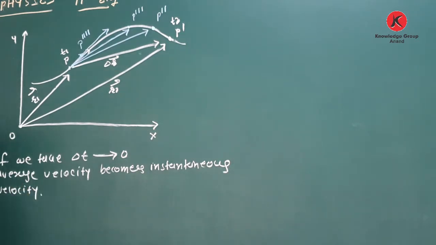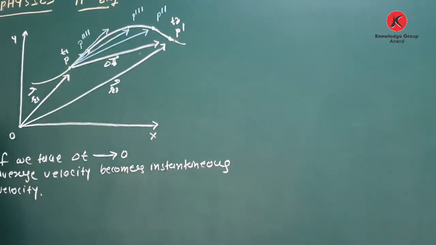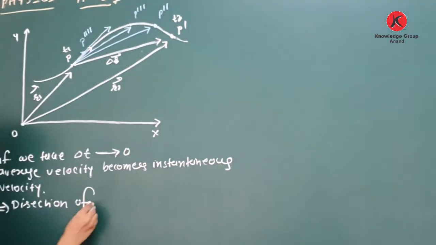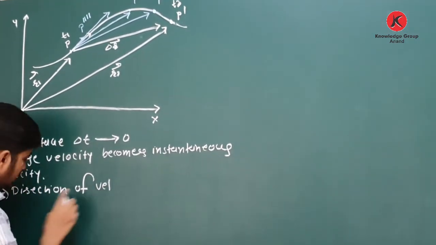And what is the direction of instantaneous velocity? The direction of instantaneous velocity is in the direction of displacement. And now the displacement is in the direction of the tangent. So you have to remember the direction of velocity. I can write instantaneous velocity as only velocity.